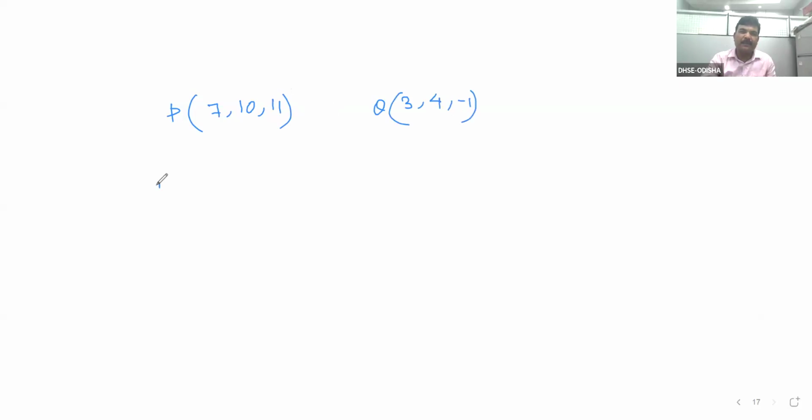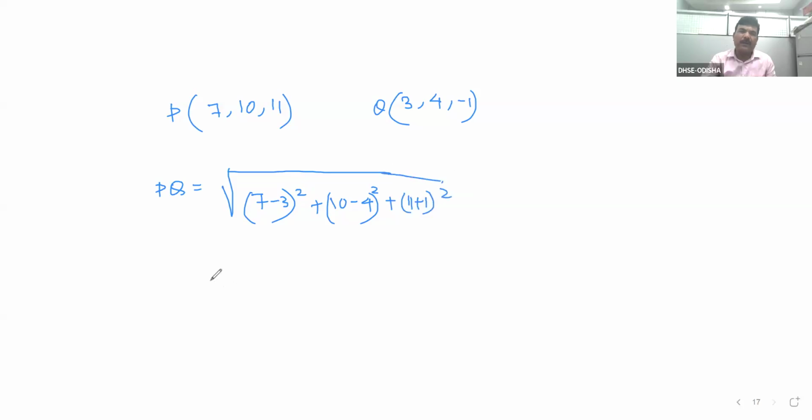So distance PQ is equal to under root 7 minus 3 whole square plus 10 minus 4 whole square plus 11 plus 1 whole square. 7 minus 3 is 4, 4 square is 16. 10 minus 4 is 6, 6 square is 36. Plus 12 square is 144.